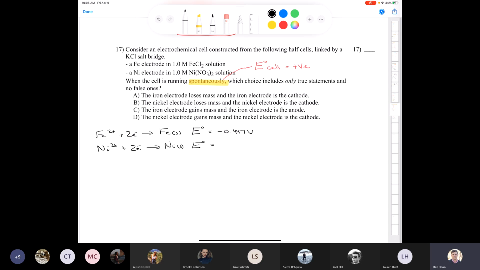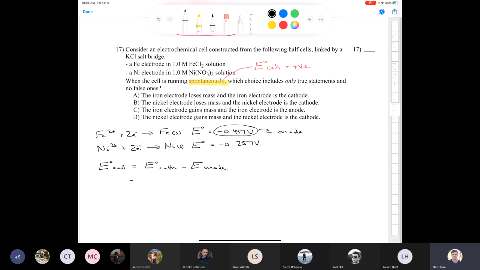The standard reduction potential is negative 0.257 volts. If E naught cell, the standard cell potential, is equal to the E naught of the cathode subtract E naught of the anode, that tells us that iron is going to have to be the anode, because if I subtract that negative number, it's going to give me a positive number.